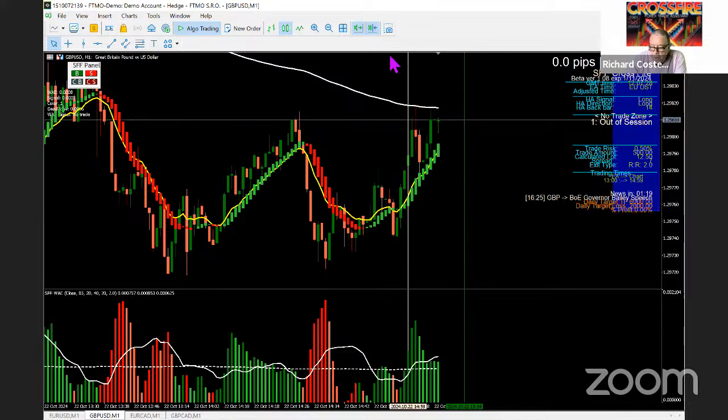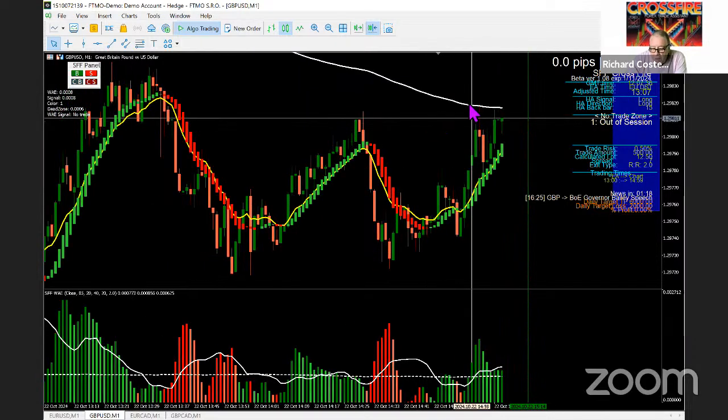In this scenario, if I move that out of the way, it will be looking back at possibly that candle up there, and drawing a trend line across.